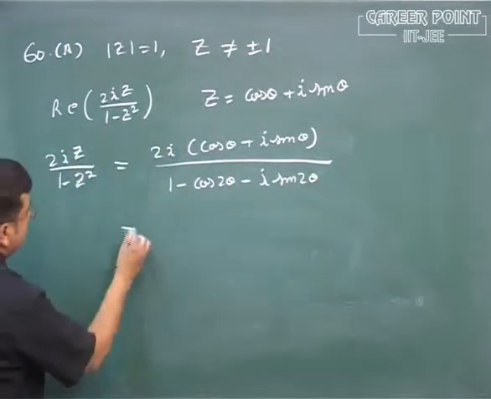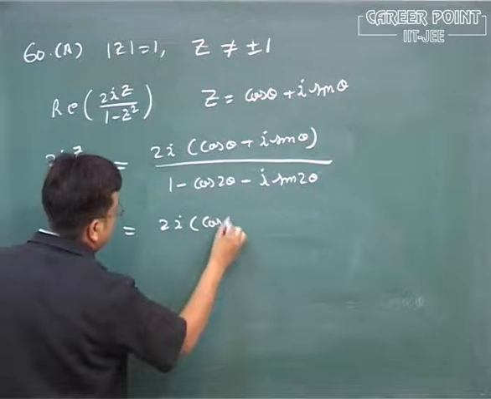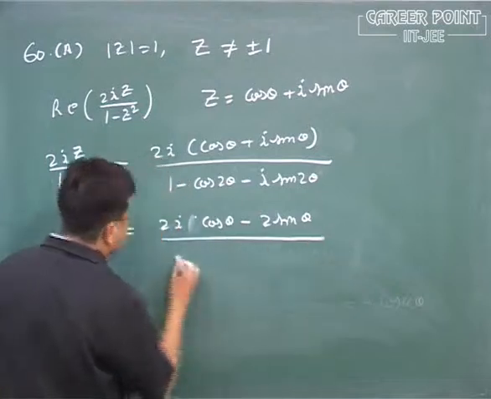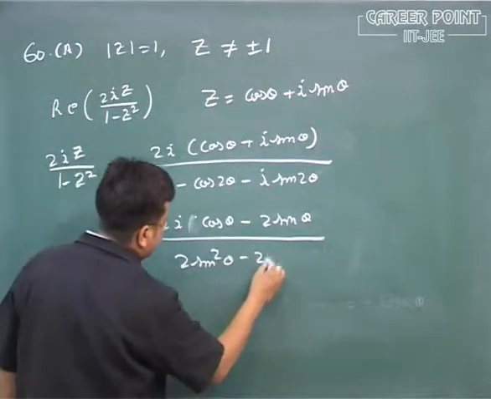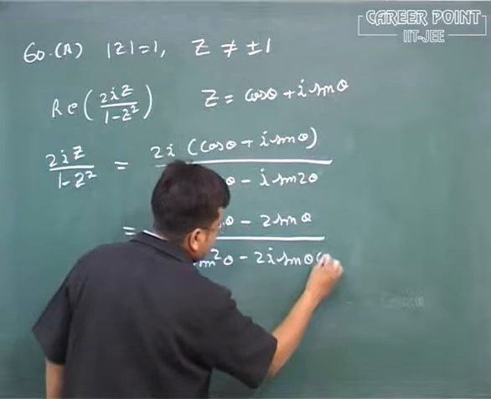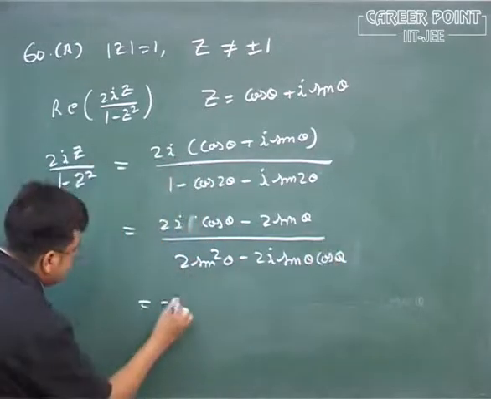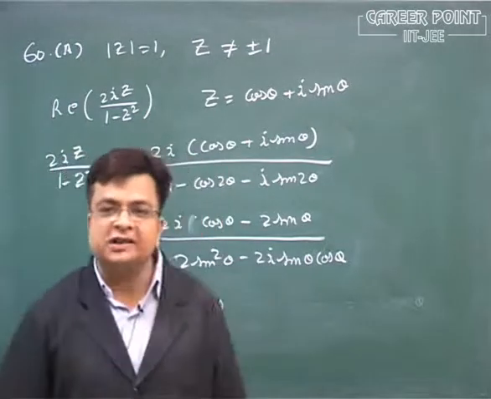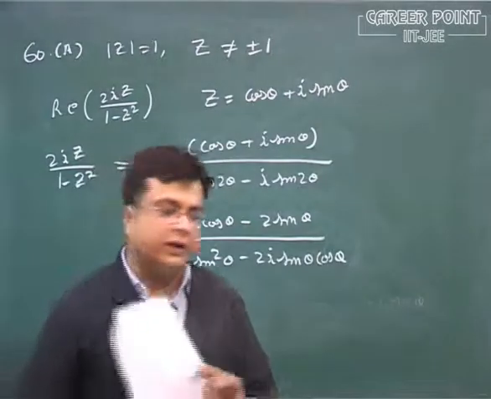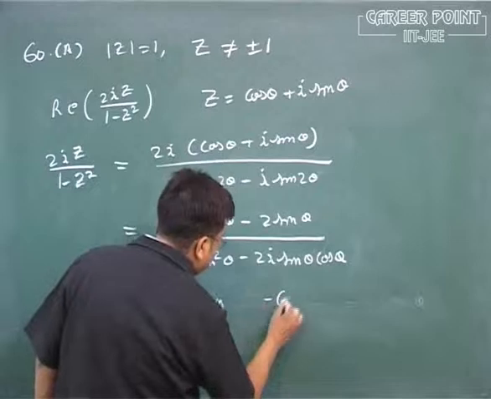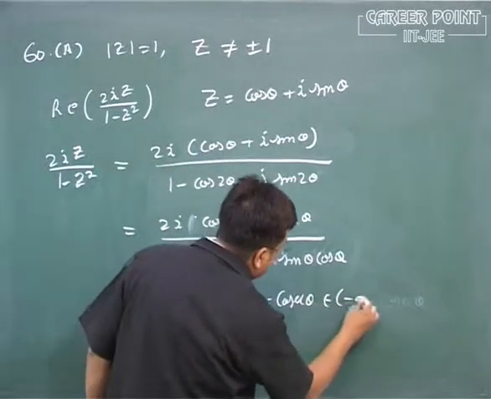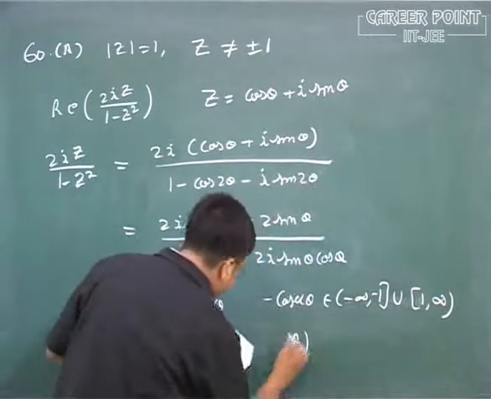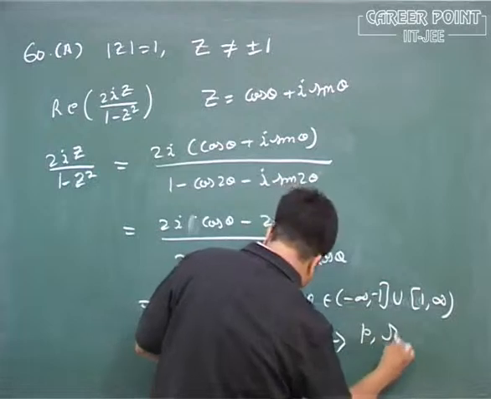We get 2 iota cos theta minus 2 sin theta upon 2 sin square theta minus 2 iota sin theta cos theta, that is equal to minus cosec theta. Now, as we know that the range of cosec theta is minus infinity to minus 1 union 1 to infinity. So, the range of minus cosec theta will be minus infinity to minus 1 union 1 to infinity. So, the answer of this question must be P or S.